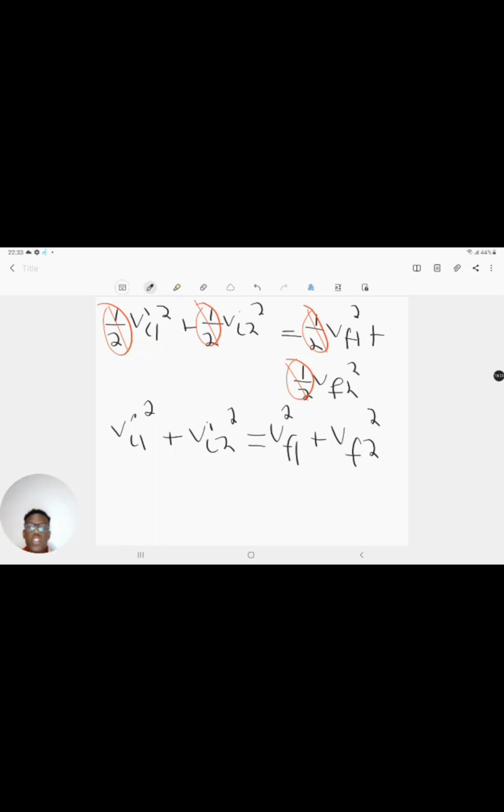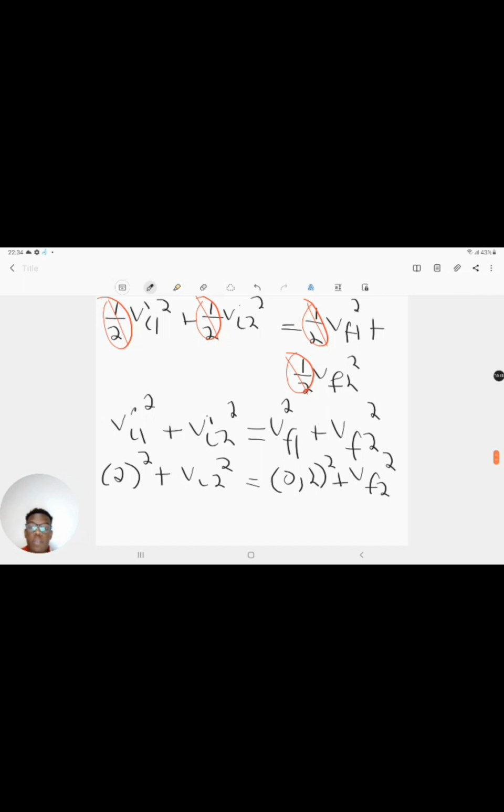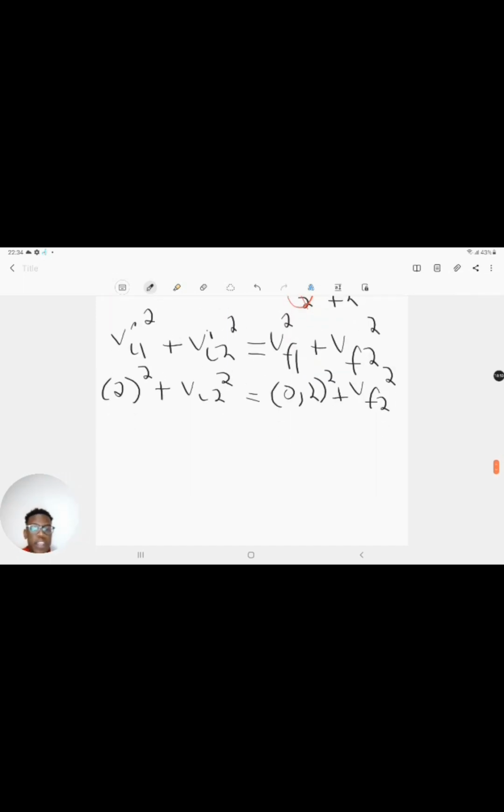Now I can actually start substituting. I know that the initial velocity for ball number 1 was 2, it was given in the question. vi2 I don't have. vf1 I've got from the question, that's 0.2 squared, plus vf2 squared I don't have. So now I've got my second equation. Let me simplify it.